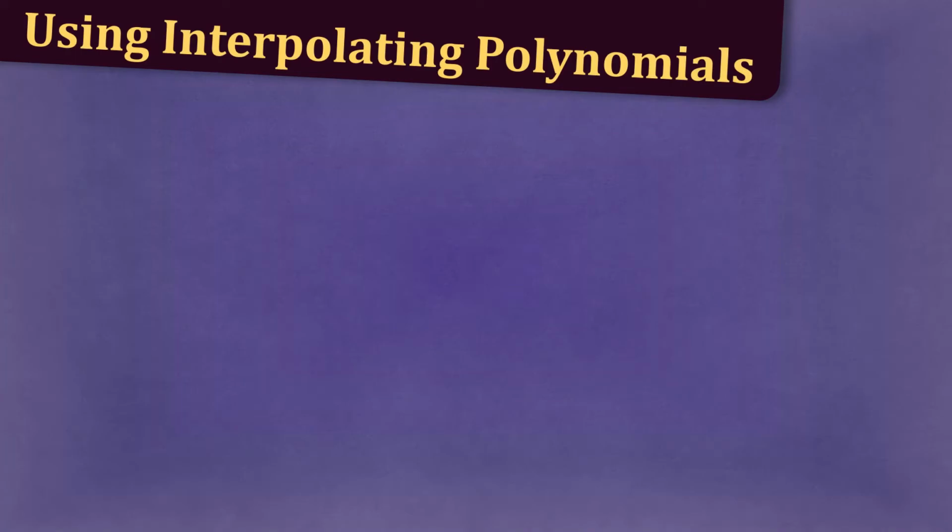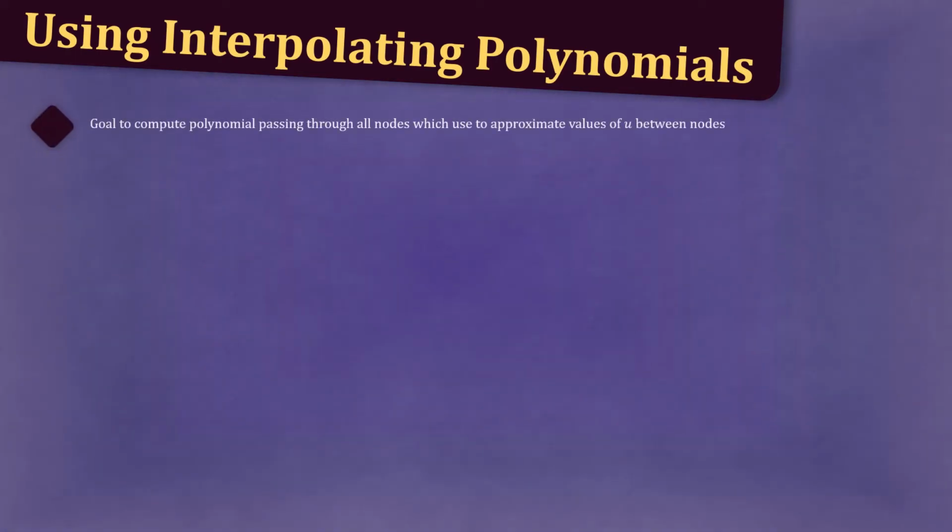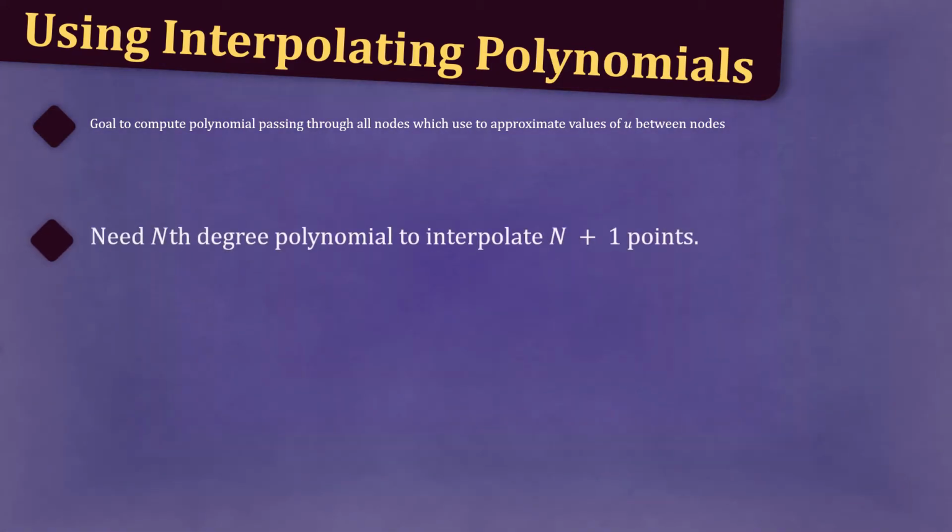Following on, let's mention using interpolating polynomials. Our goal is to compute a polynomial passing through all nodes, which we can use to approximate the values of u between the nodes. In general, we need an nth degree polynomial to interpolate n+1 points.